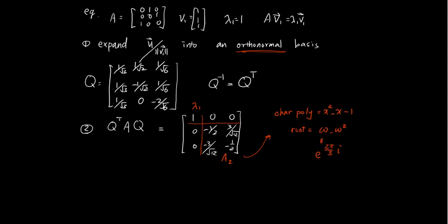So anyway, in the end, the conclusion is about the spectrum of A: you can use that to make it into this form, and the spectrum is 1, omega, and omega squared.